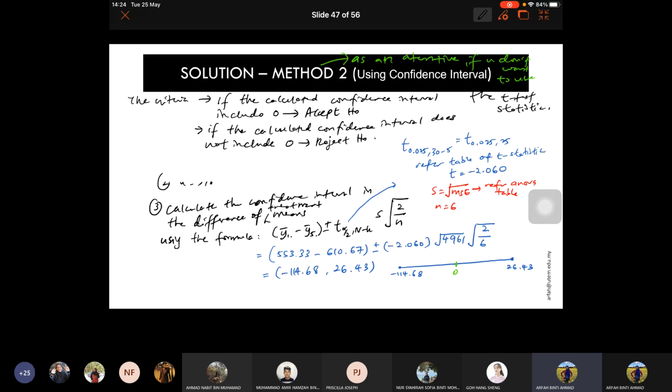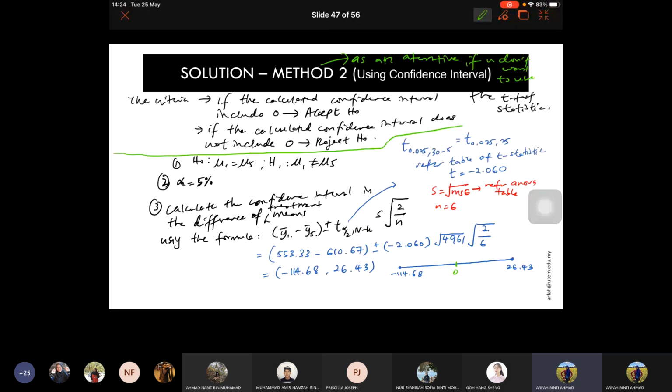So, kalau dalam kes ini, okay, tadi alpha sama dengan 5%. Okay, syarat pertama H0 mu1 equal to mu5 versus H1 mu1 does not equal to mu5. Okay. So ini adalah syarat dia.